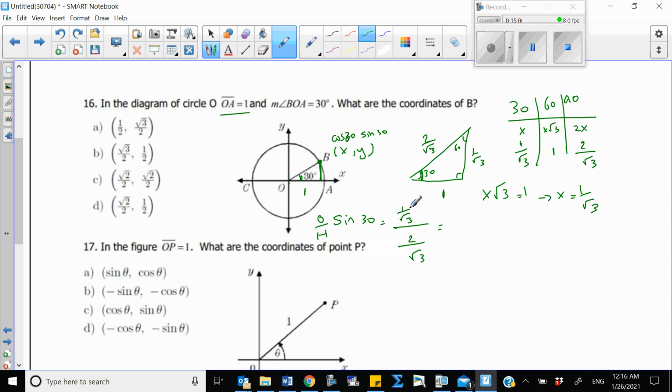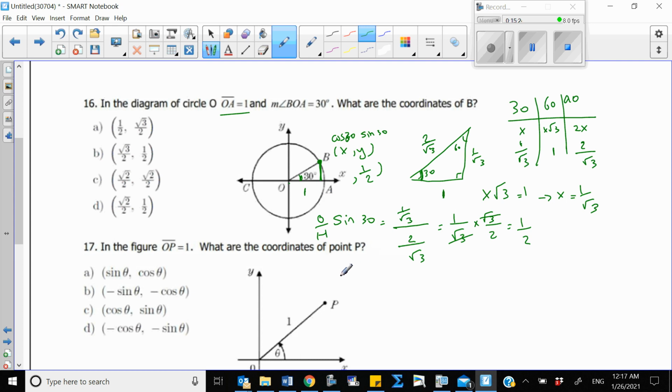If we have division of fractions, you keep the top and multiply by the flipped of the second one, root 3 over 2. These two cancel each other, and the answer is 1 over 2. So the sine is 1 over 2, which is the y value of this point.